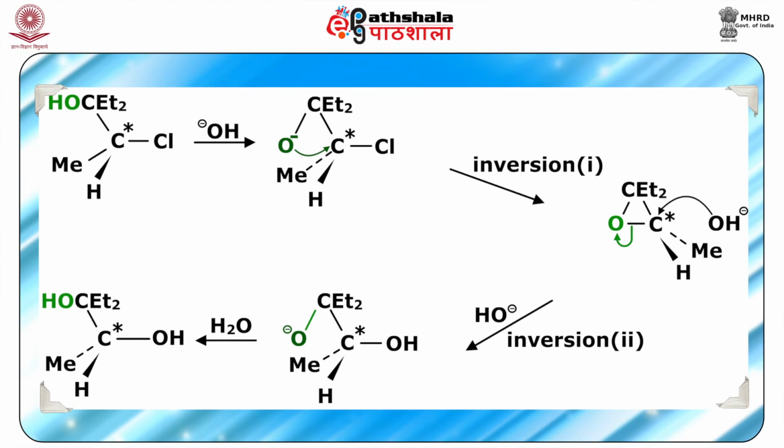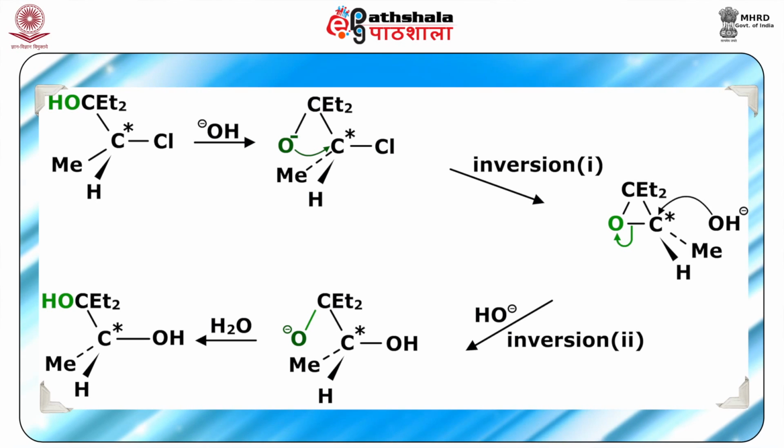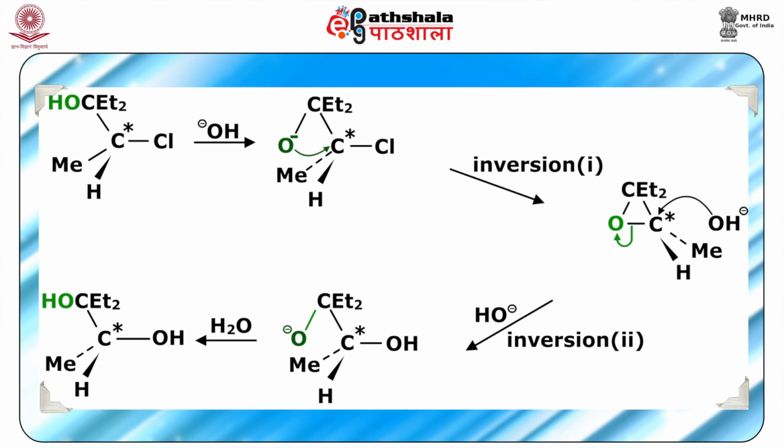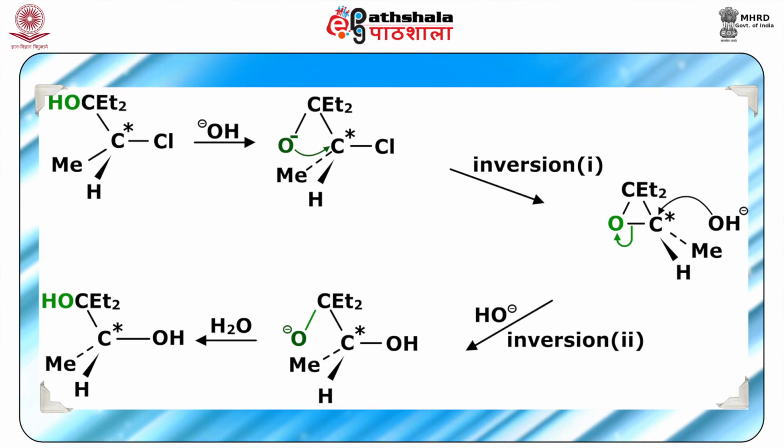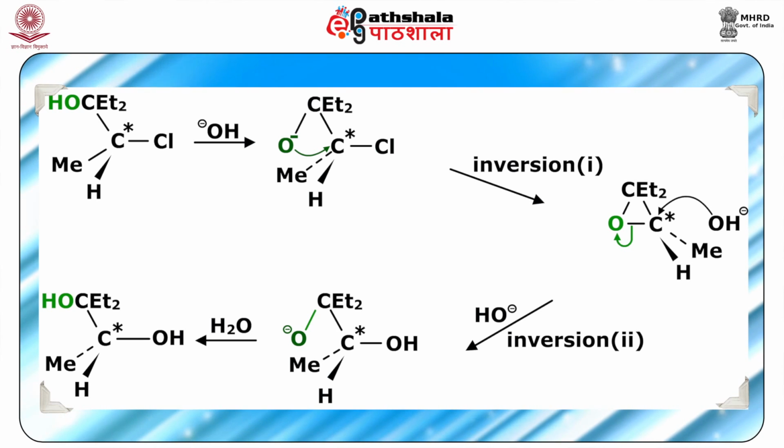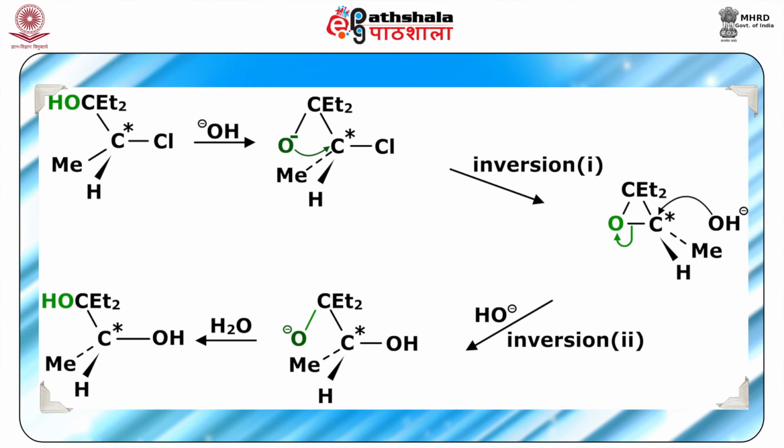But now what is happening due to anchimeric assistance, and the anchimeric assistance you can see in the presence of base, this OH will undergo deprotonation and give you O minus, and this O minus does a backside attack on the carbon and leads to the removal of Cl minus.